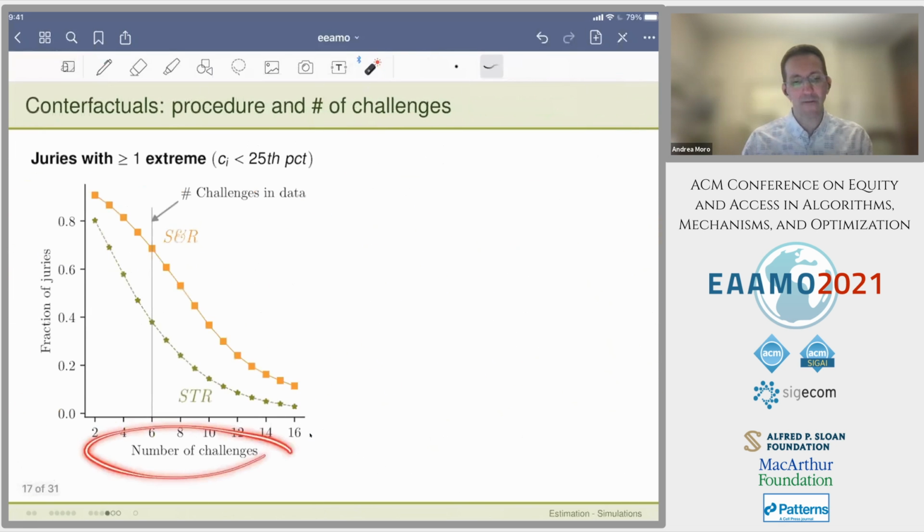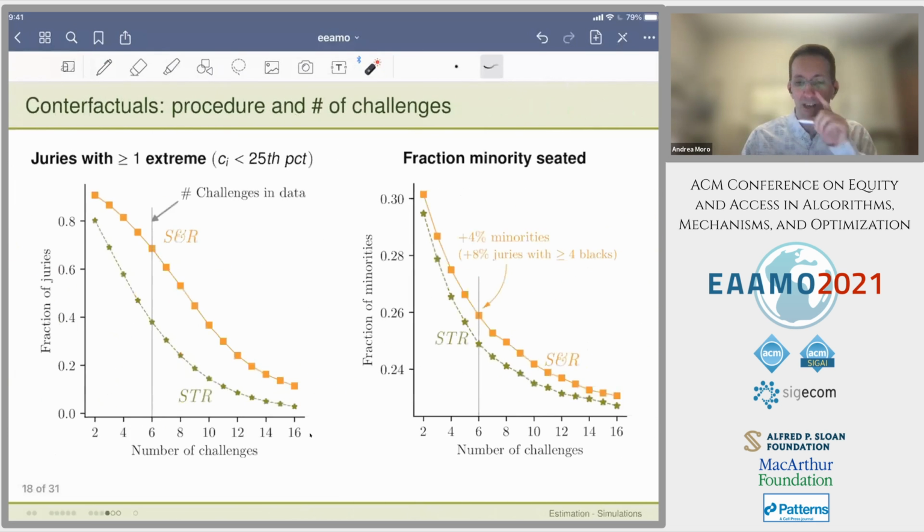We can also run simulations by varying the number of challenges, to see how potential reforms may change the fraction of extreme jurors in juries. Again, strike and replace will have more extreme jurors, but you can decrease it by increasing the number of challenges.